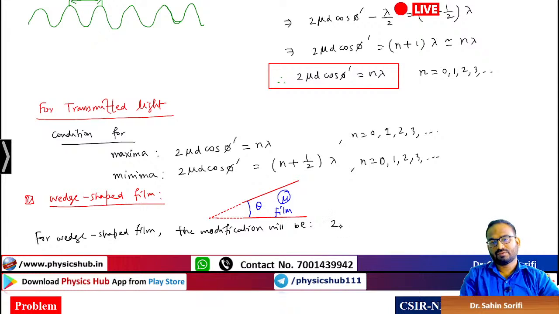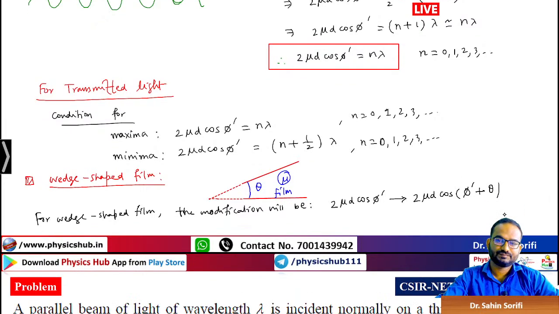So instead of twice mu d cos phi prime, here also multiple reflections will be there, and you have to use twice mu d cos of (phi prime plus the angle of wedge theta).